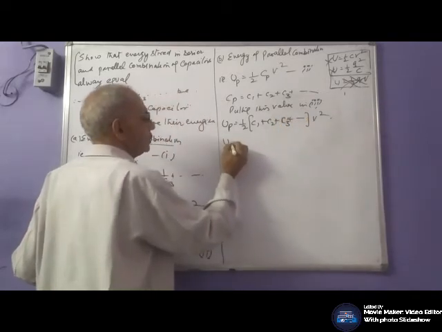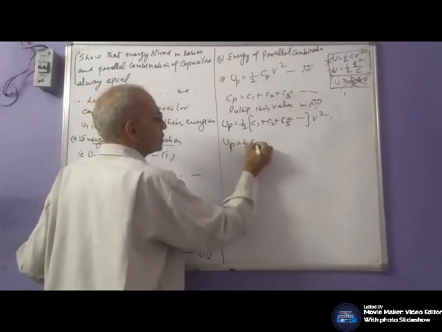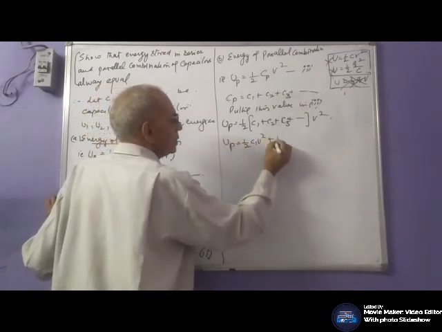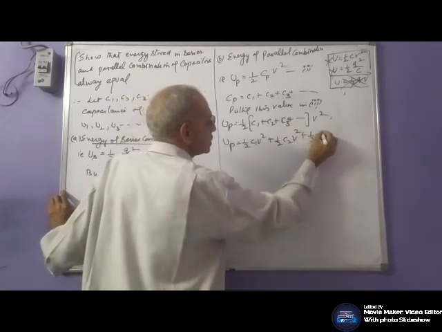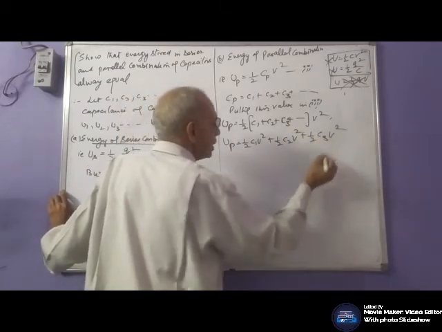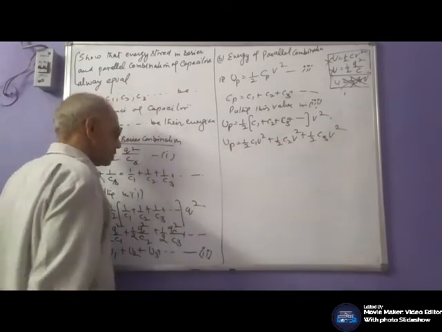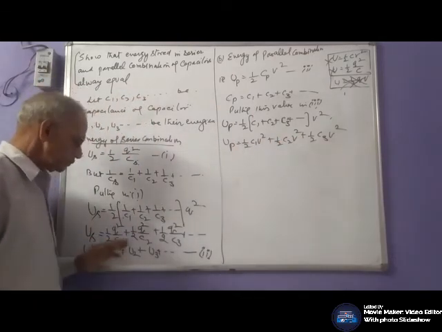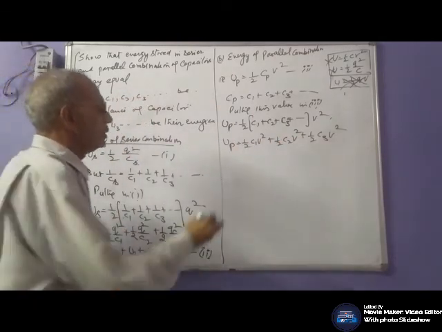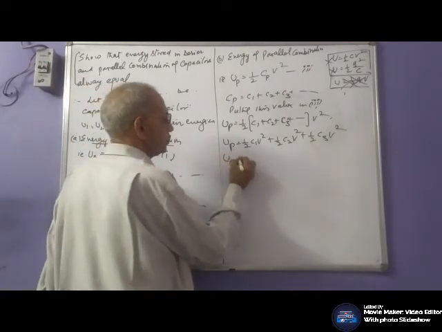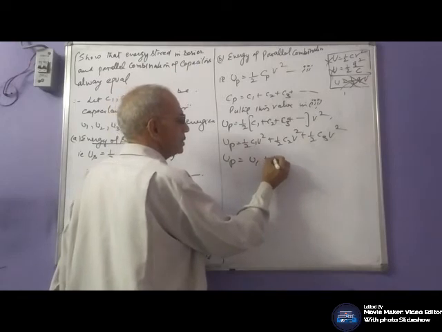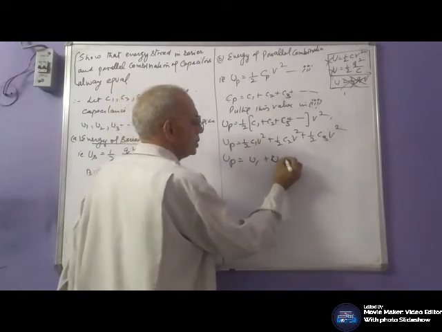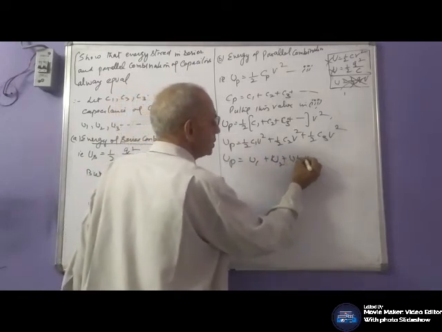Open the bracket: half C1 V square, half C2 V square, half C3 V square. In parallel potential is same, in series charge is same. So UP is U1, energy of first, U2, U3 plus so on.